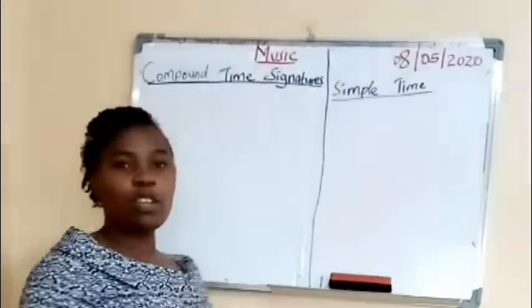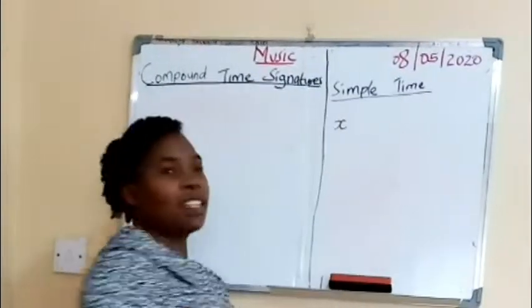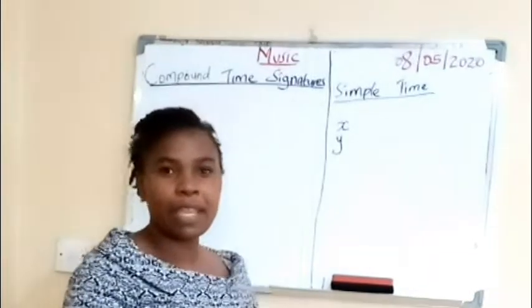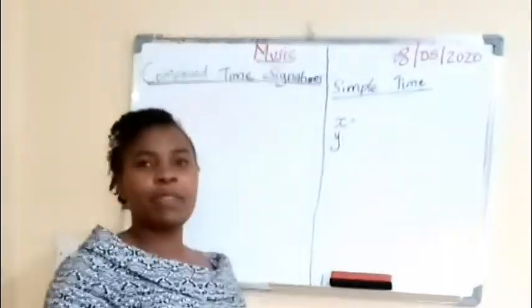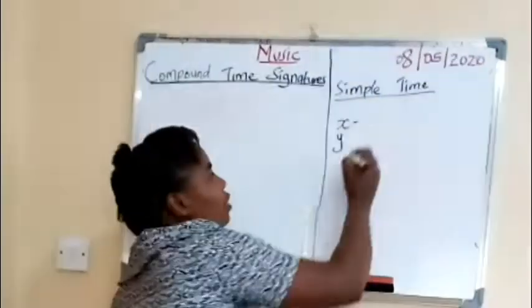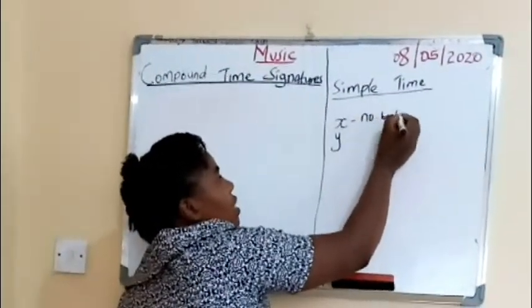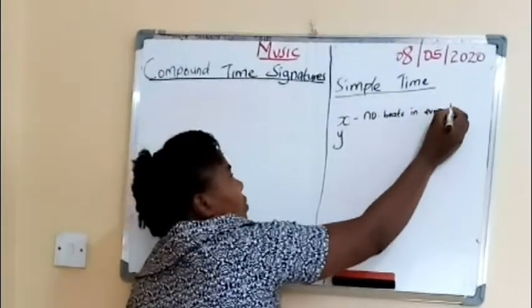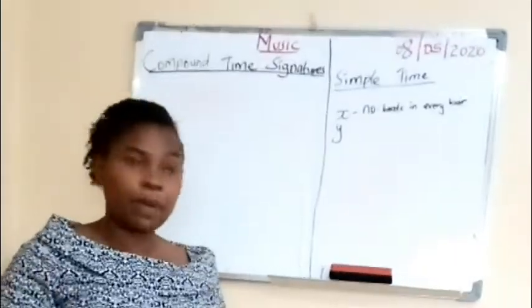I take X to represent the upper number and Y to represent the bottom number. Now, X stands for the number of beats in every bar.